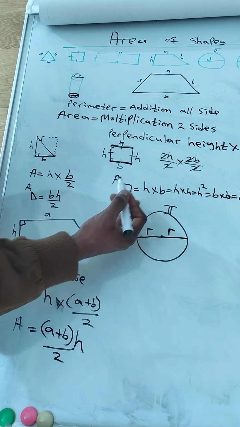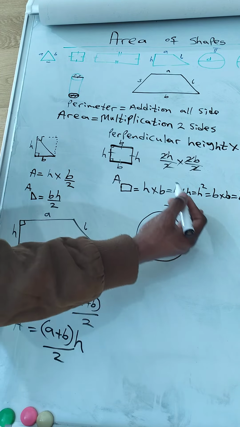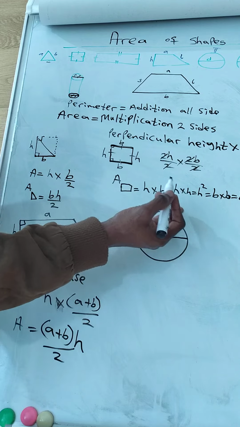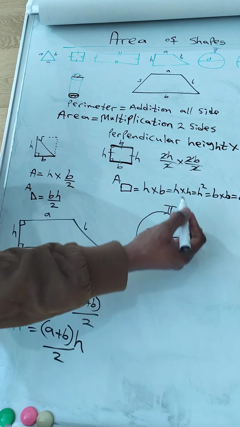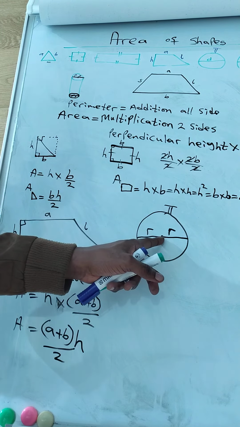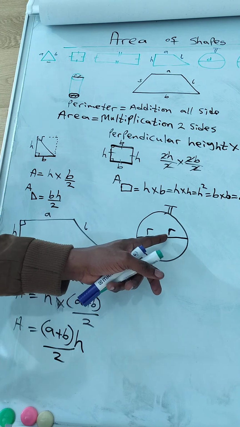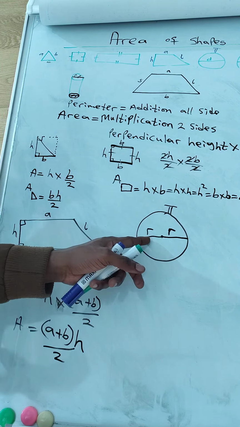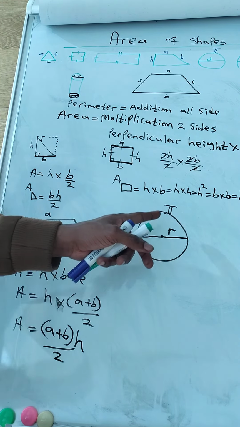This curved area is not a side. You can't call it a side of the circle. This is just the curve, the boundary of that circle. So the sides we have in this circle are just 2. One will represent the base, the other one will represent the height.